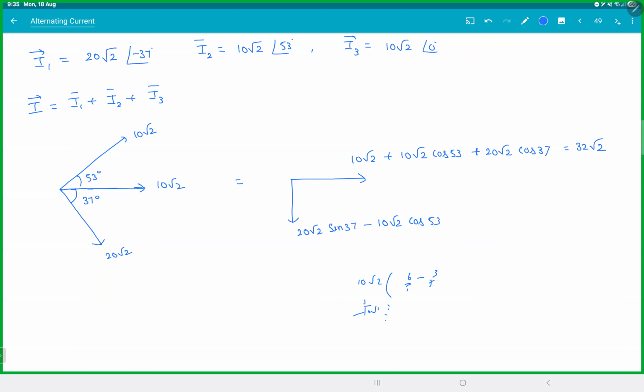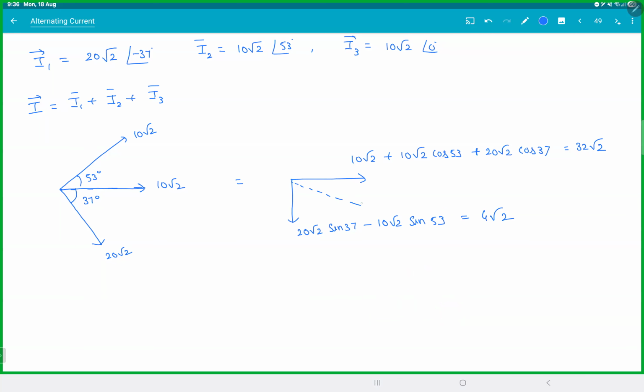No, that's 4 by 5. Here this is sin 53. It's going to be 4 root 2.